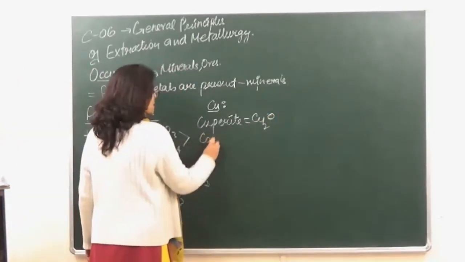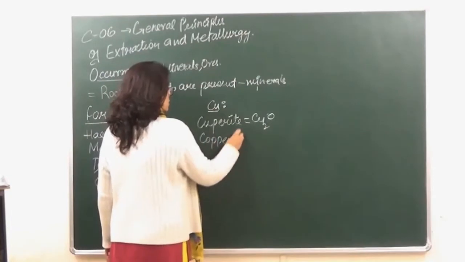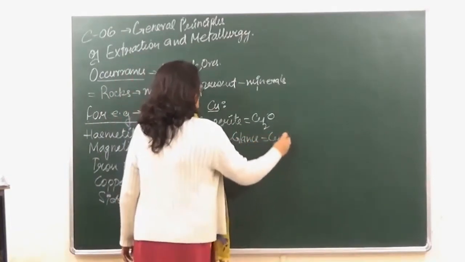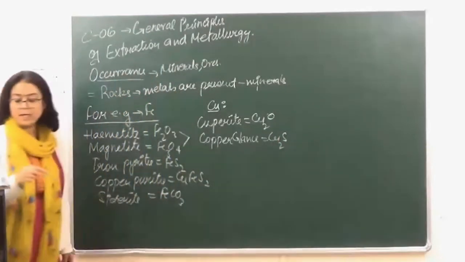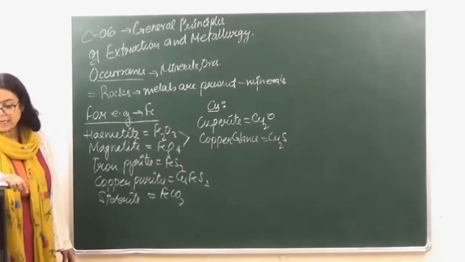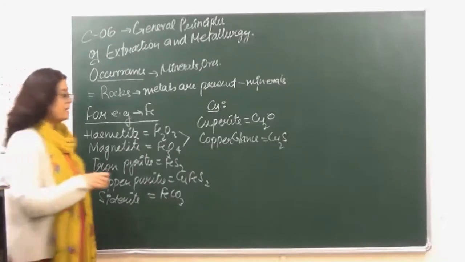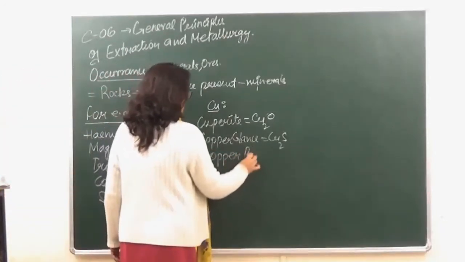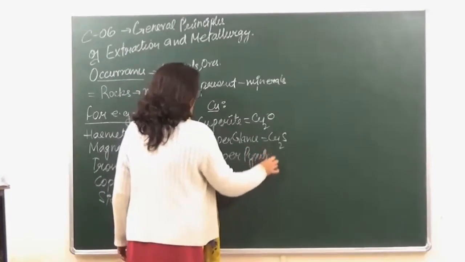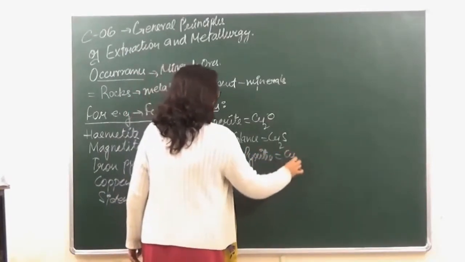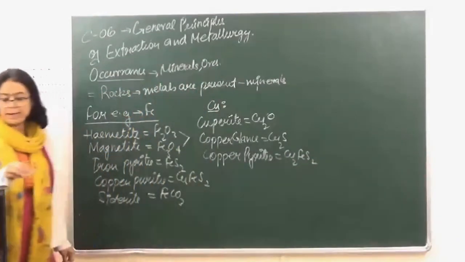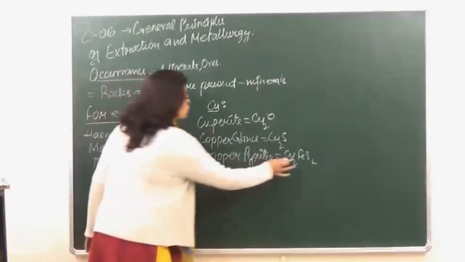Then copper glass, which is Cu2S, right? फिर उसके बाद हमारे पास आता है copper pyrites, CuFeS2, right? Copper pyrites.